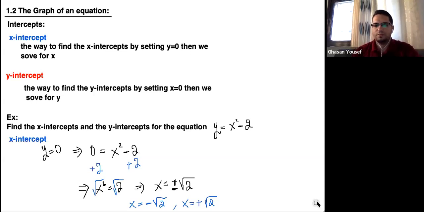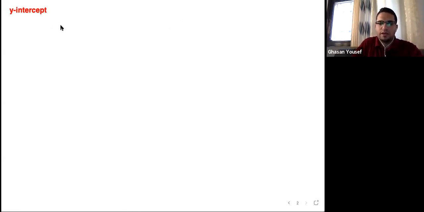Okay, Job, can you do this example? Yeah, so if you're finding y, it's y equals 0 squared minus 2. Okay. So here the equation is y equals x squared minus 2.